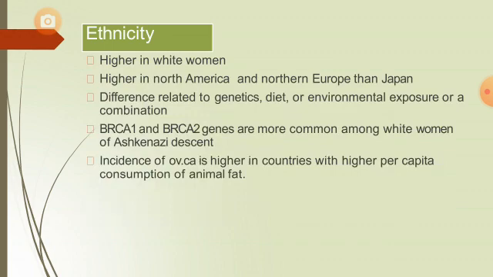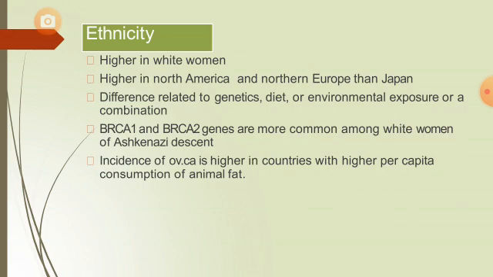Ethnicity in ovarian cancer is important, and ovarian cancer is higher in white women, higher in North America and Northern Europe than Japan, for example. And the difference can be related to genetics, diet, or environmental exposure, or a combination of all these factors.